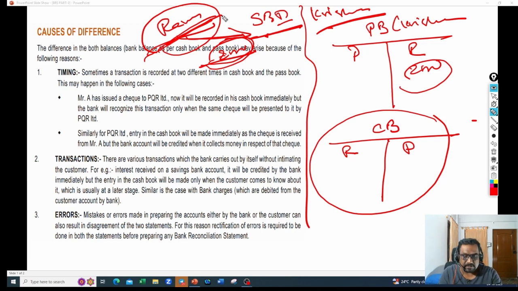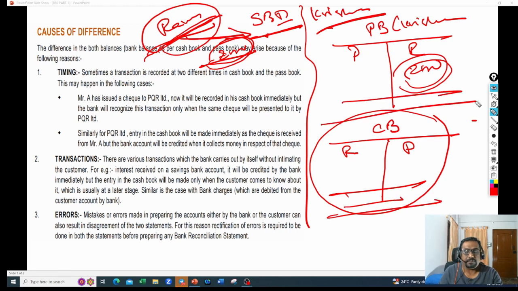Instead of crediting Rama's account, he credited Krishna's account. So that is an error. Because of this error, what will happen? When I balance my bank account, my balance and Krishna's passbook balance will not tally, because here 2,000 rupees additionally is showing. So there is a difference between these two books. So I need to rectify them.